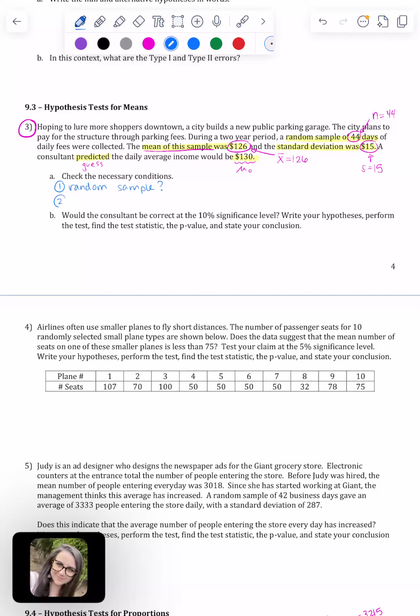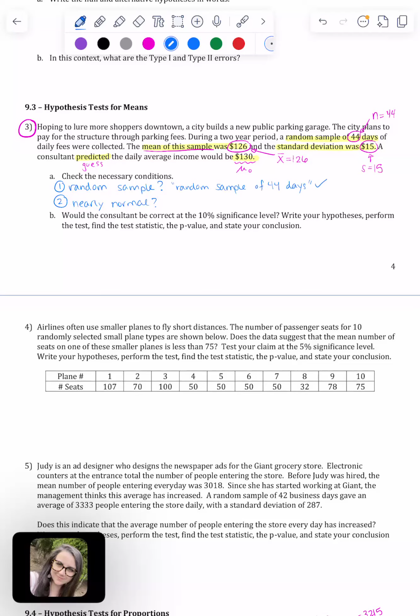And the second condition was, is it nearly normal? So let's answer the first question. Is it a random sample? Well, it says up at the top that it is a random sample of 44 days. So we're going to write random sample of 44 days and check that off. Yes, that is true. It was a random sample.